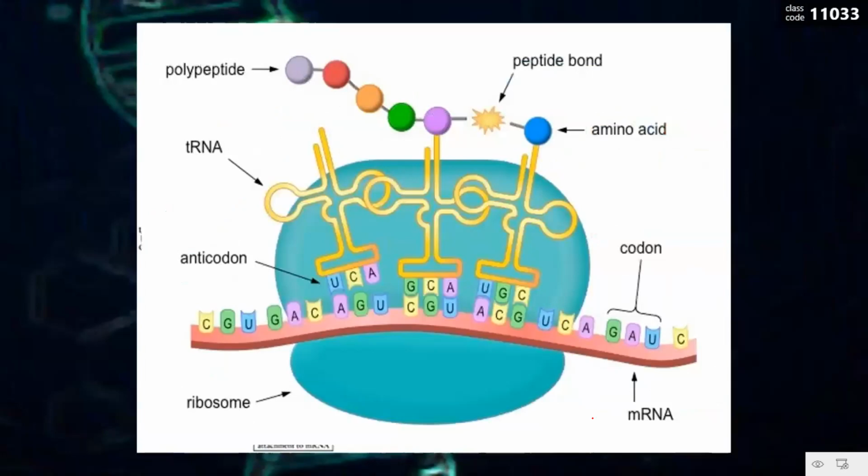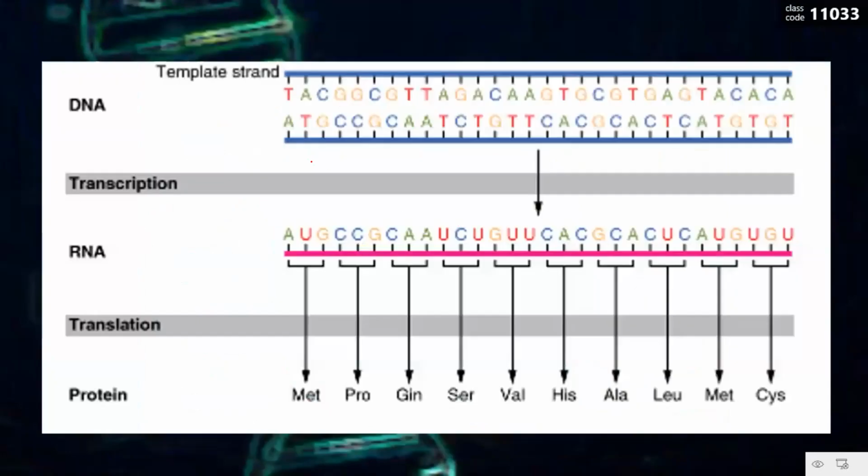So basically, ganito yung nangyayari with our DNA. So the DNA has a code in it, right? The genetic information is in the DNA. Then it is being transcribed in our mRNA, right?